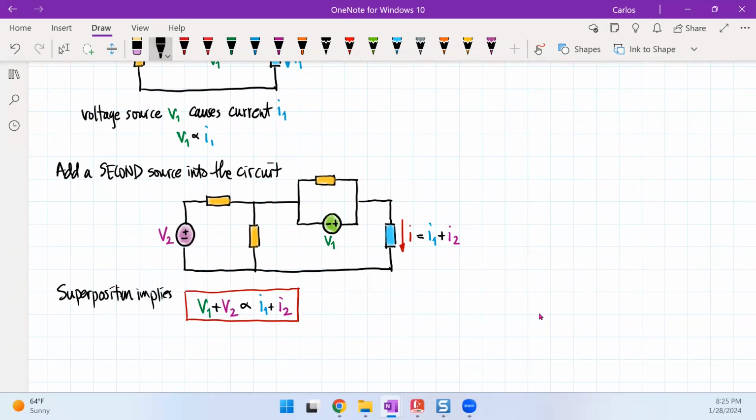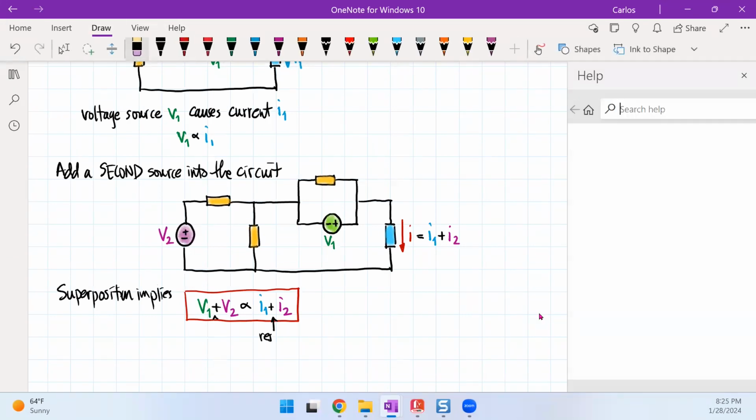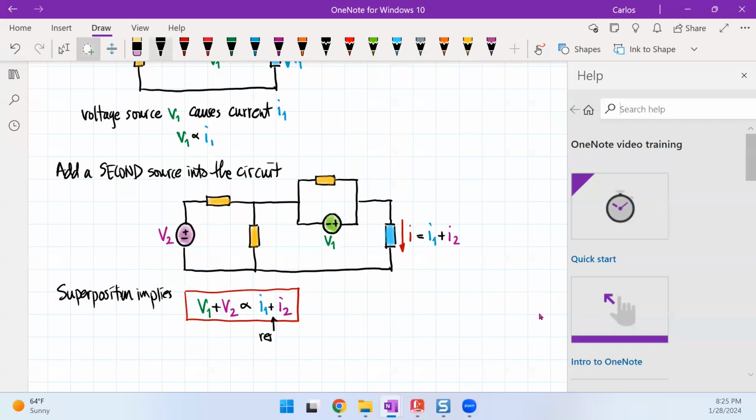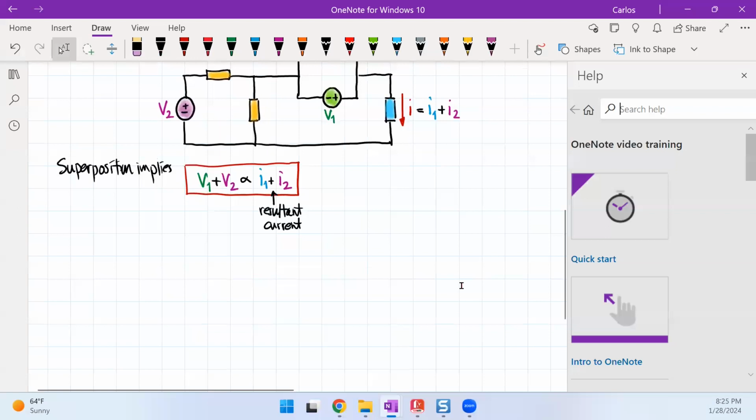In other words, this is the resultant source, and this is the, you know what? I cannot say what I just wrote. These sources here cause a resultant current through that element. That's superposition right there.